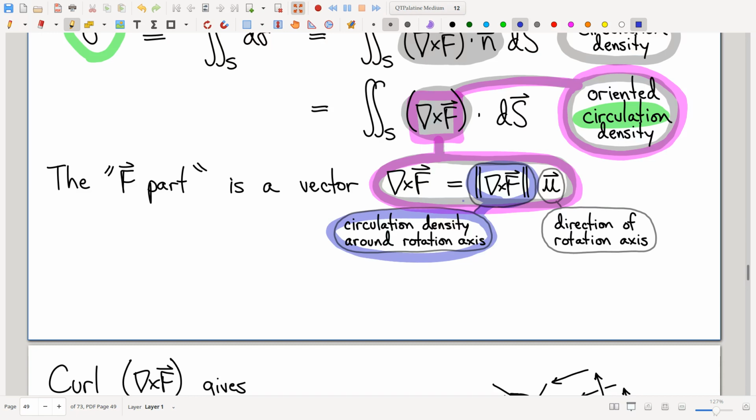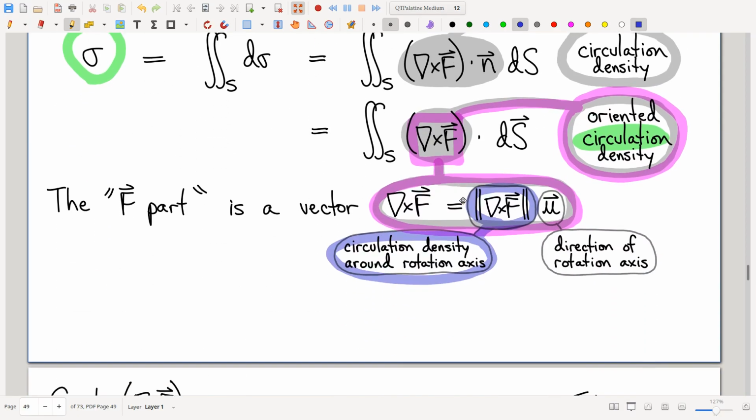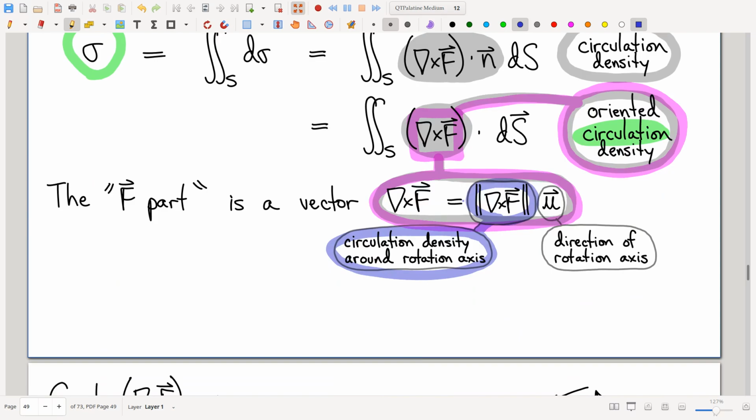In the same way that the magnitude of the gradient tells you how much change is happening. It tells you how steep is the graph, and how much change per unit distance as you're moving uphill. This tells you how much circulation per unit area around little boundary rotations. And then the direction of the vector tells us around what axis.